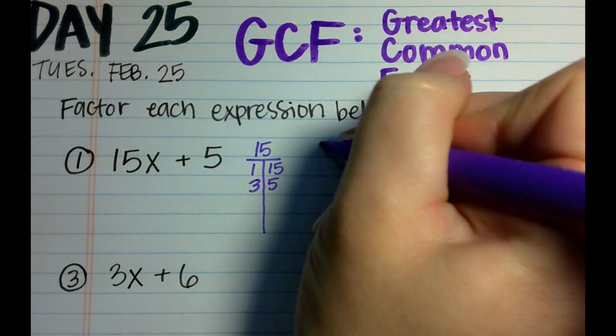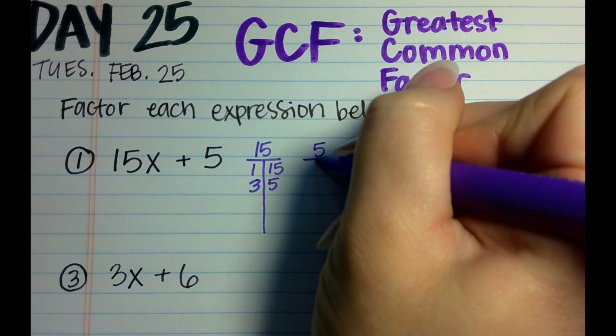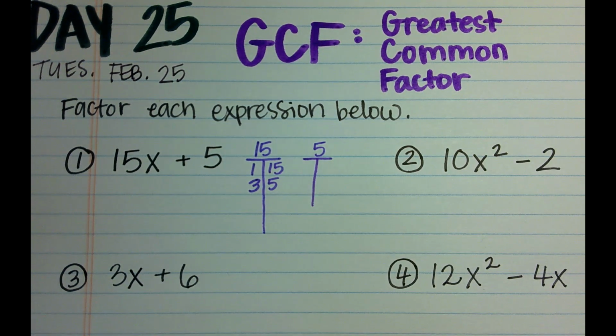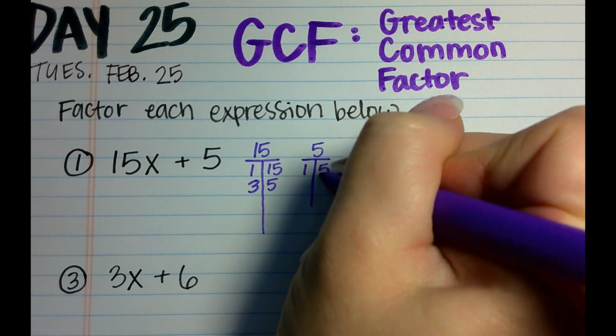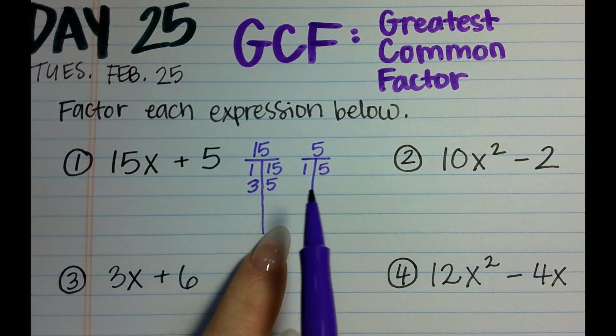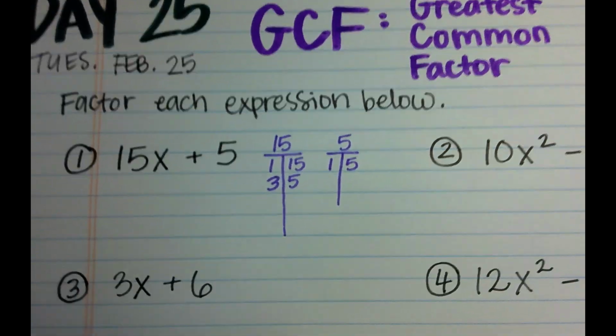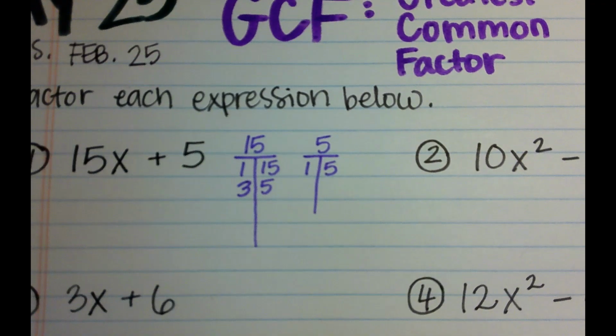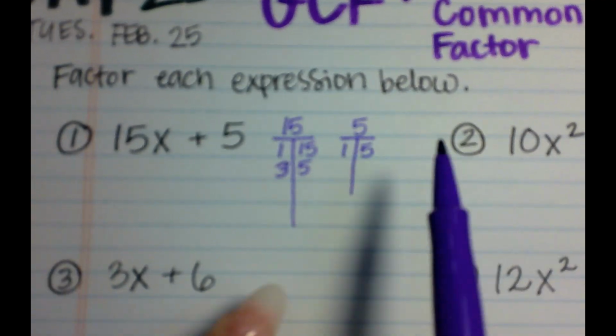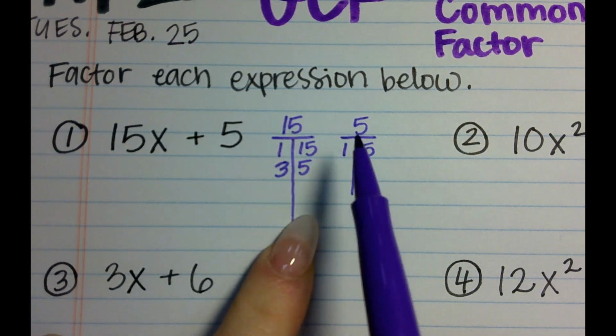Okay. And what are the factors of 5? Just 1 and 5. So now we're comparing. I'm trying to see what is the biggest number that is in both of these, 15 and 5.